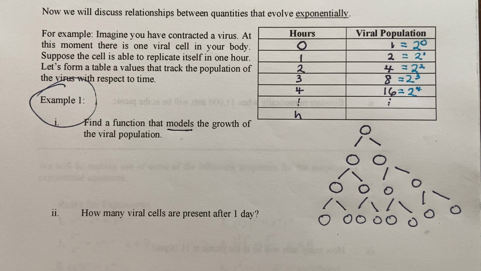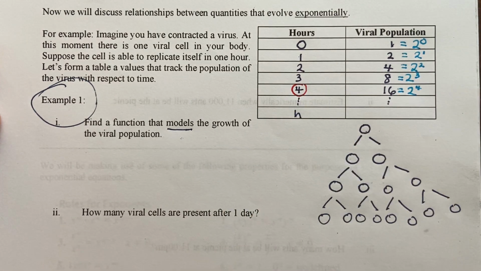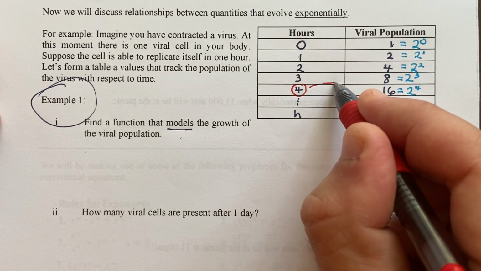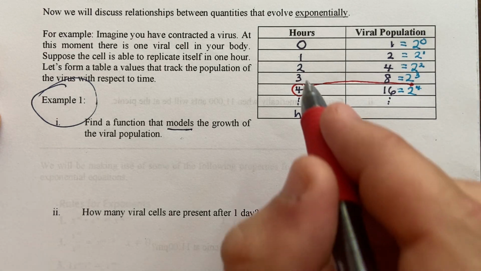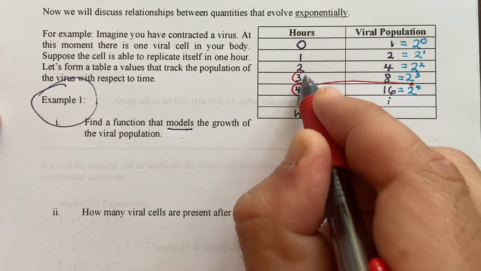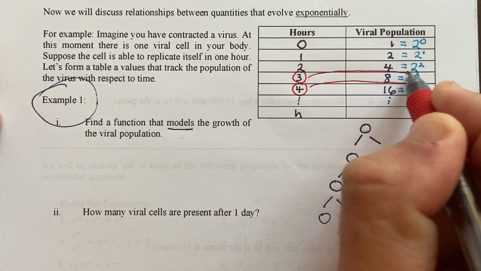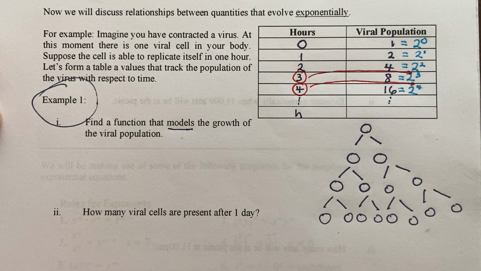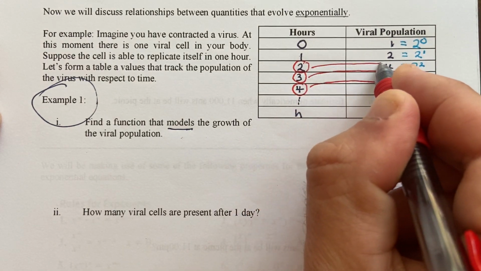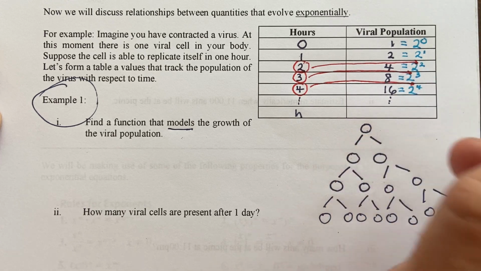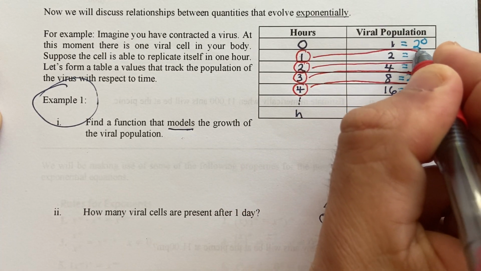So what I want to point out is that this number has simply become the power over here, and this number has simply become the power. I'm repeating myself here, but this is the pattern.